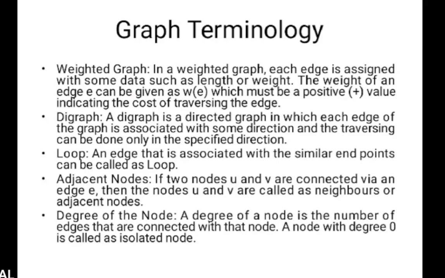If there are n vertices in the graph, then this graph will have n by n dimension. An entry in the adjacency matrix representation of an undirected graph will be 1 if there is an edge between Vi and Vj.